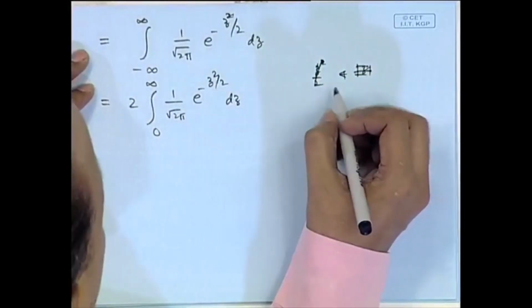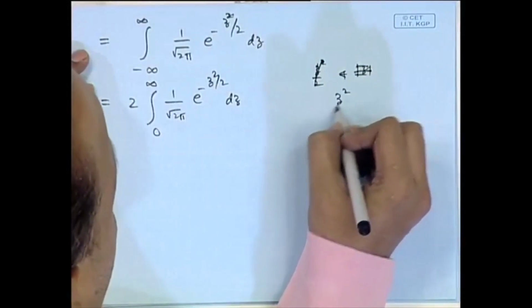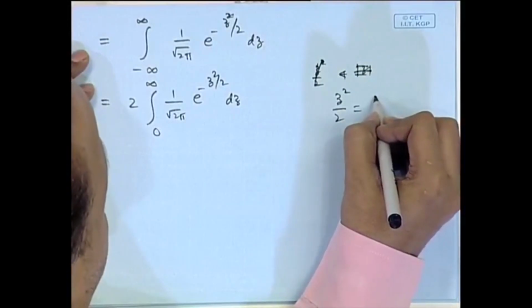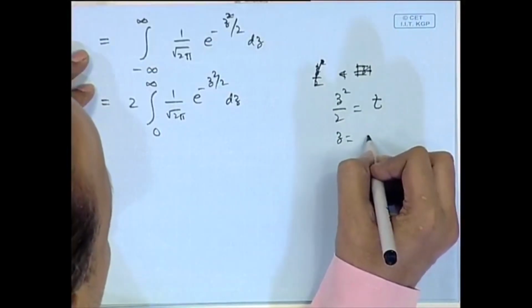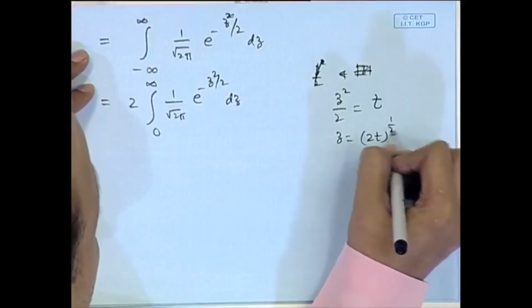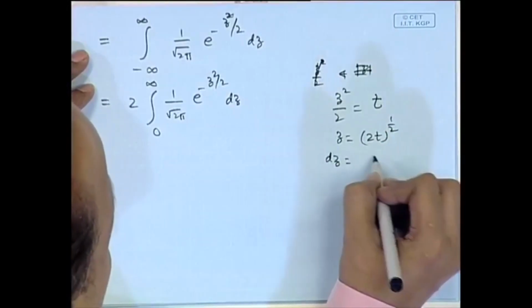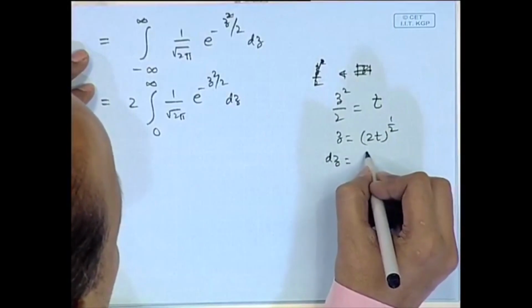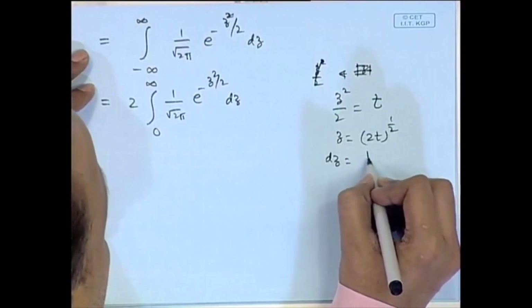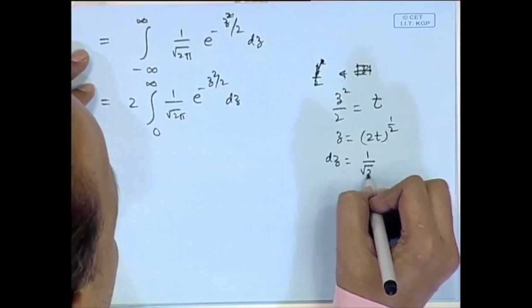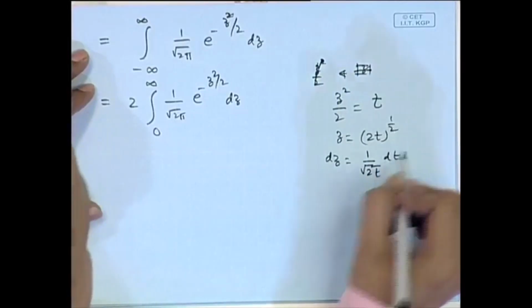Over the range 0 to infinity, we can substitute z square by 2 equal to t, that is z equal to (2t) to the power half, and dz equal to 1 by root 2t dt.